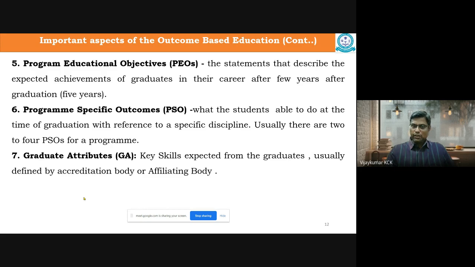The graduate attributes: almost all the people who have joined here must be aware of this particular fact, we have just adopted them from the Washington Accord attributes of USA. There are about 12 attributes that we call graduate attributes.